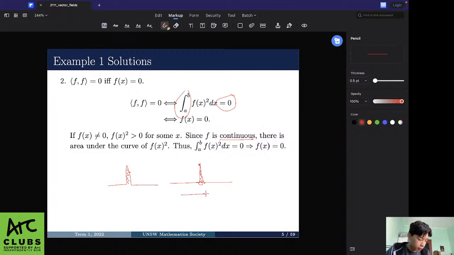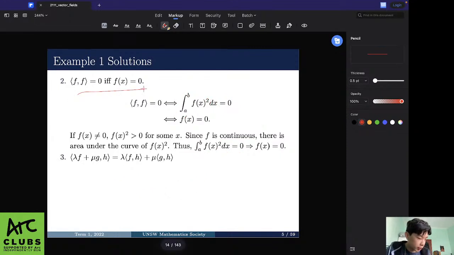And also the integral can't be negative, because any function with a negative value, when you square it, will of course become positive. And so the area of this f squared is still not equal to 0. So that basically just shows that if we have an integral from a to b of a function and it's equal to 0, then this function must be 0. And of course that proves our second condition.